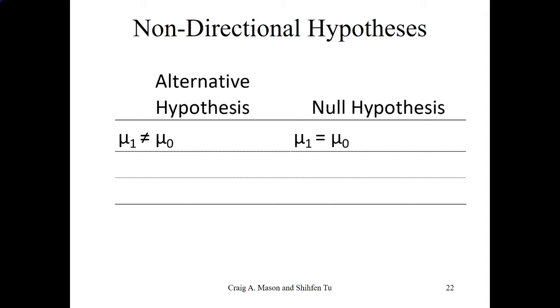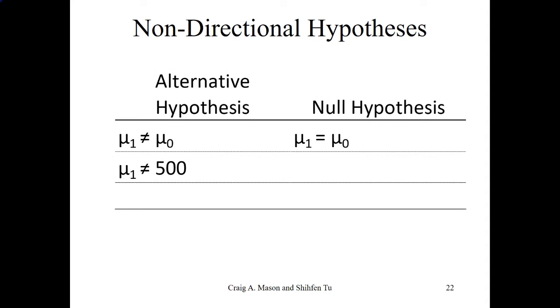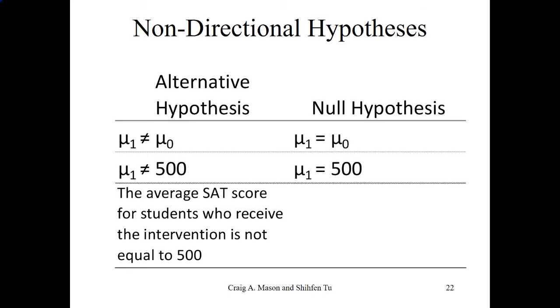Now, because we know the overall population mean, mu0, is equal to 500, we can also write the alternative hypothesis as mu1 is not equal to 500, and the null hypothesis as mu1 is equal to 500. In English, we can say the alternative hypothesis is the average SAT score for students who receive the intervention is not equal to 500.